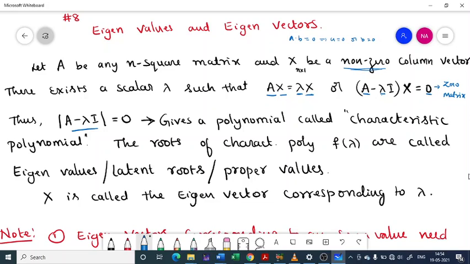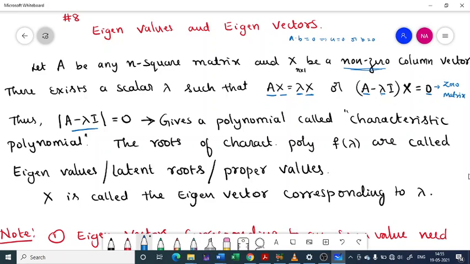That is the matrix obtained from A by decreasing the diagonal entries by lambda, or in simpler form, a matrix obtained from A by subtracting lambda from all diagonal entries of A. We don't touch the non-diagonal entries, but we subtract lambda from the diagonal entries, then take its determinant.